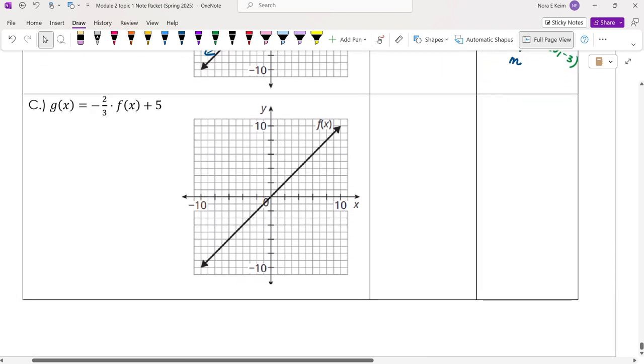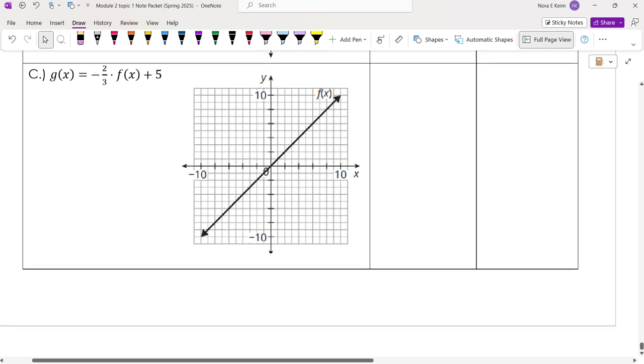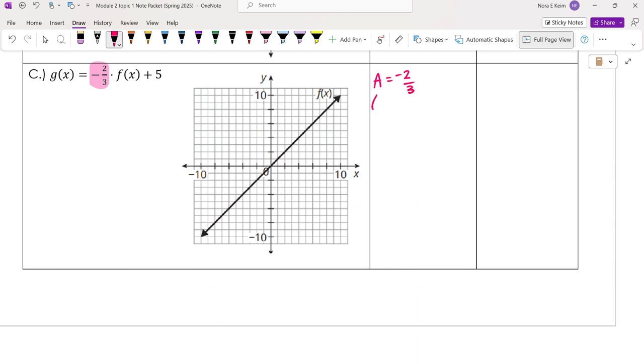Last but not least, this A value is negative 2/3. So that actually is going to tell us two things.